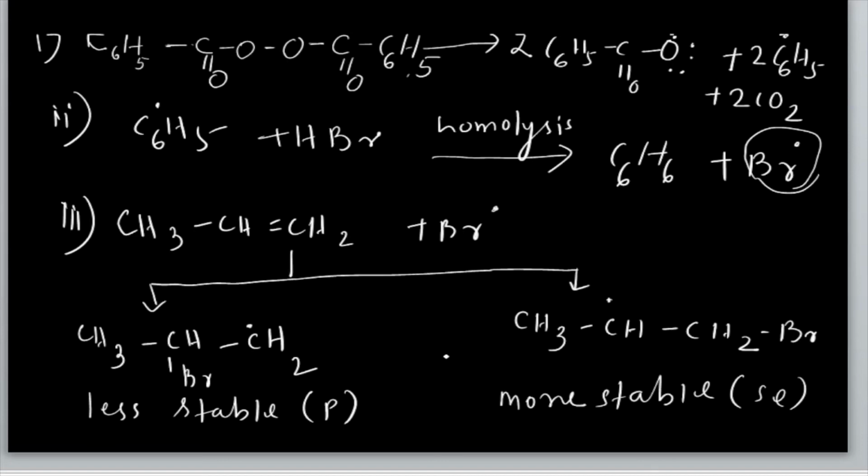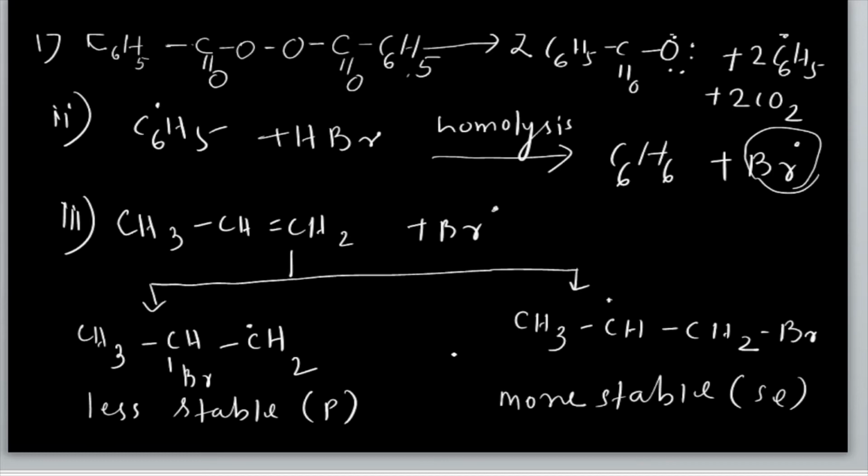Tertiary is also possible, but here only primary and secondary are available. One should remember, the secondary free radical is more stable than the primary free radical. That means the primary free radical is less stable, and the secondary free radical is more stable.